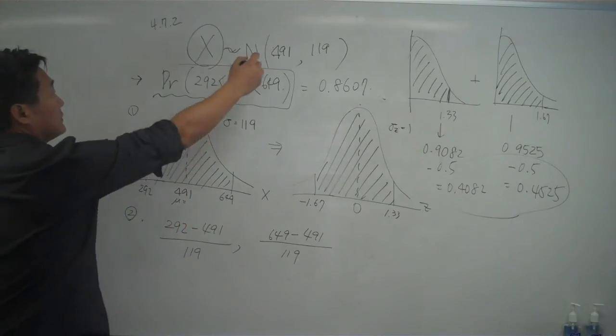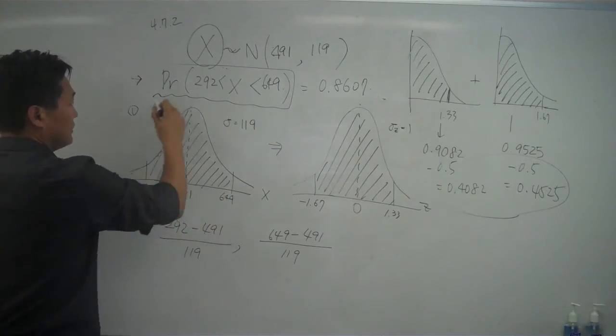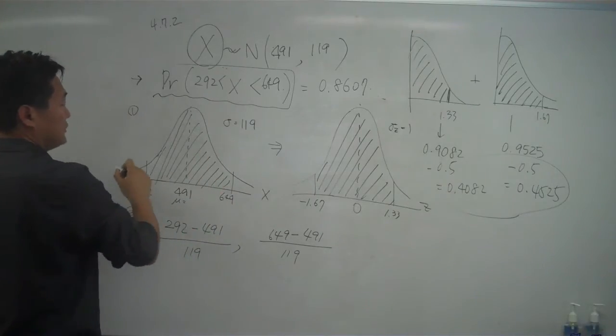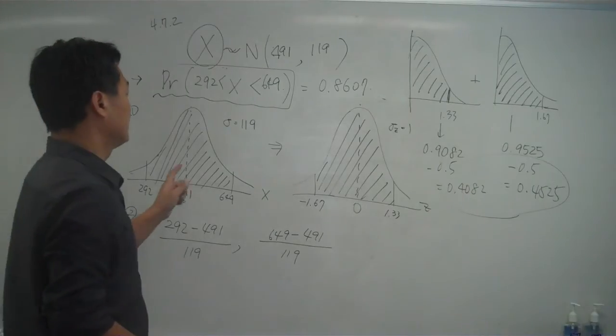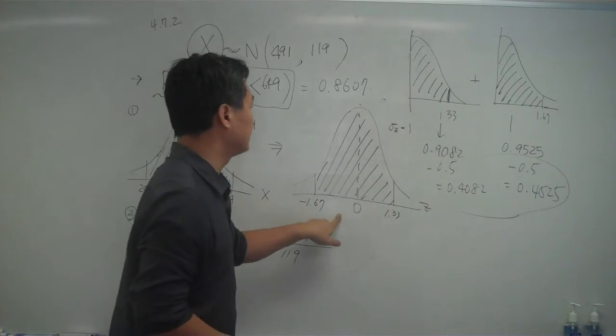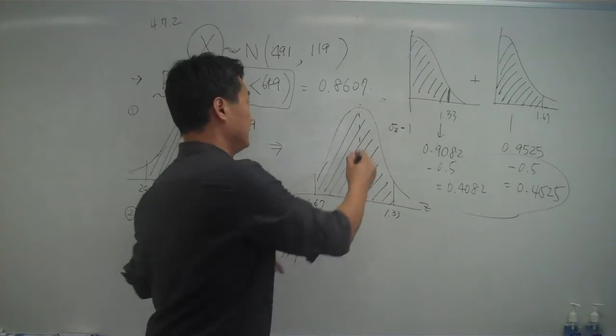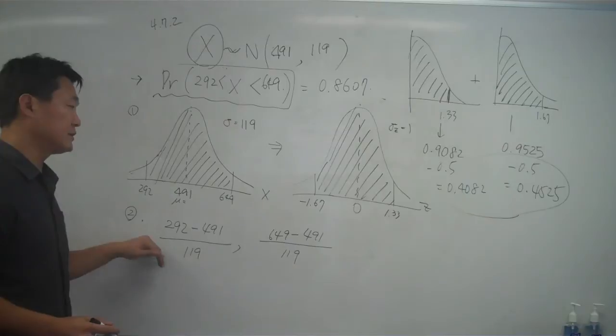And then using these numbers you have to first draw the actual x distribution, normal distribution graph, and transform those numbers into z distribution using the transform function.